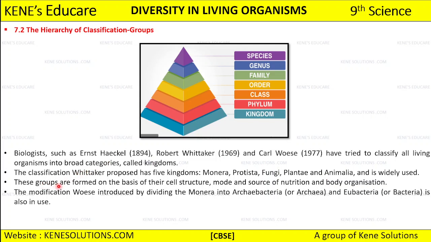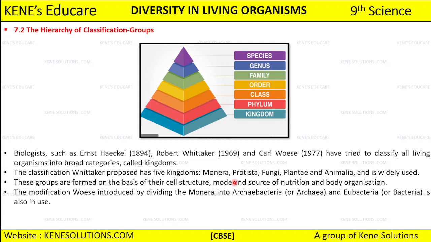So these groups are formed on the basis of their cell structure, mode and source of nutrition, and body organization. So these different groups that we have formed, on what basis have we formed them? On the basis of the cell structure that we have, the mode and the source of nutrition that we have, as well as the body organization. Looking at the body organization of the different animals, we are classifying them into different groups depending upon the source of nutrition that they have.